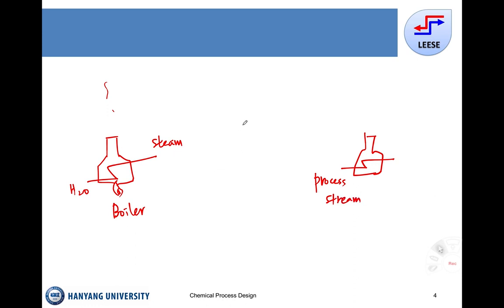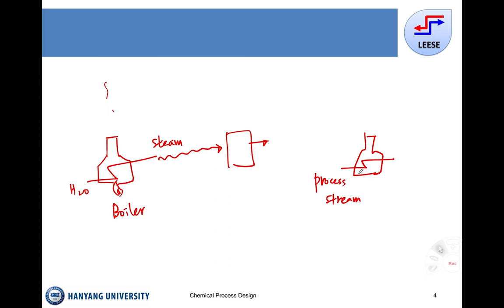There are some places where we need heating, then the steam will be transferred to the place where heating is needed. Then the process stream gets the heat from the steam. So this is a common way of providing the heat in the process industry.